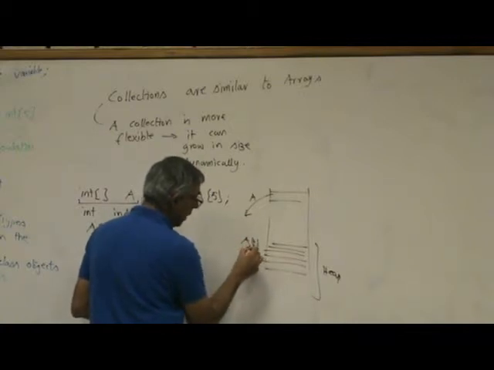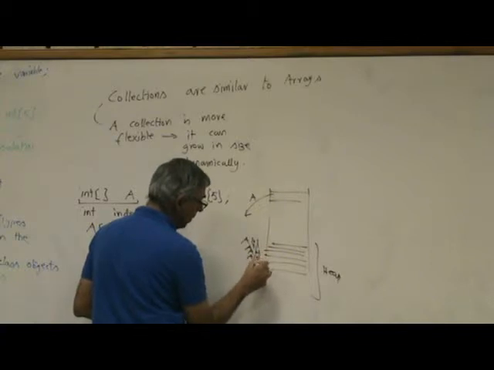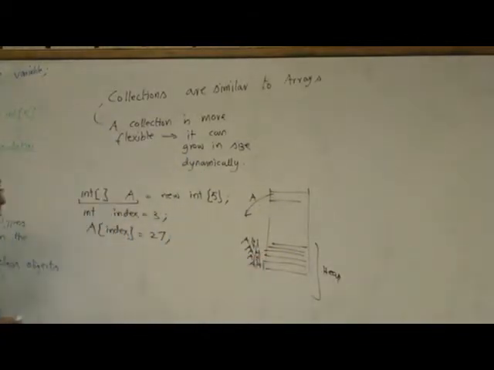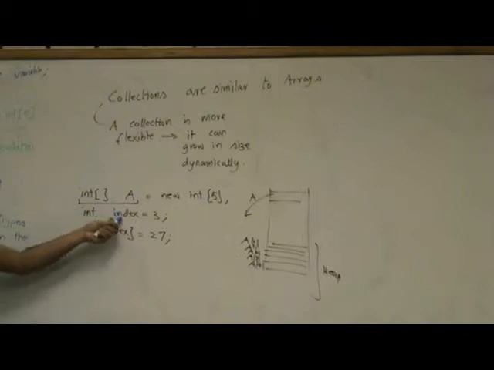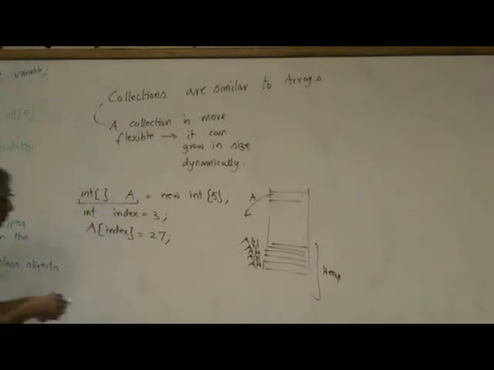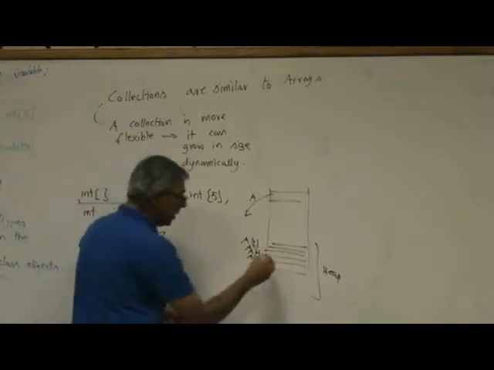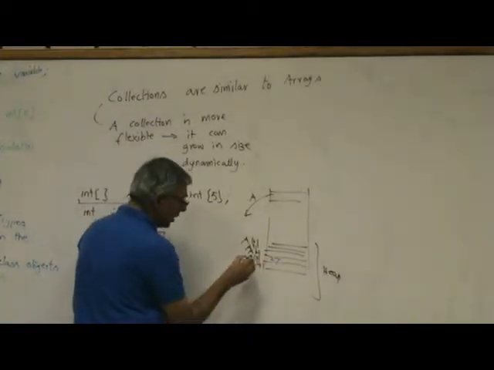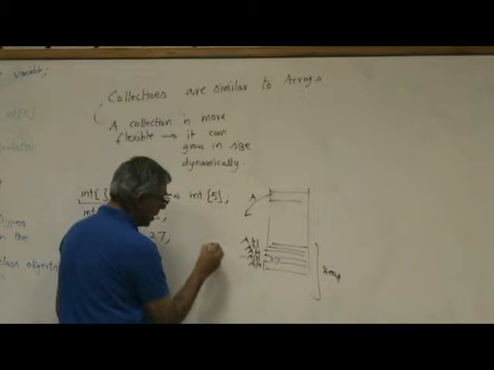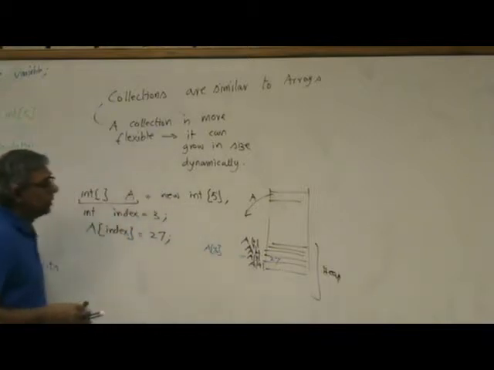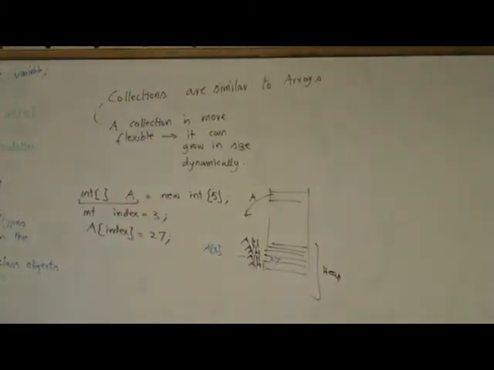A of 0, A of 1, A of 2, A of 3, and A of 4, right? Now, index equal to 3, A of 3 equal to 27, so where will we store 27? A of 3, which is over here. So anyway, it works.